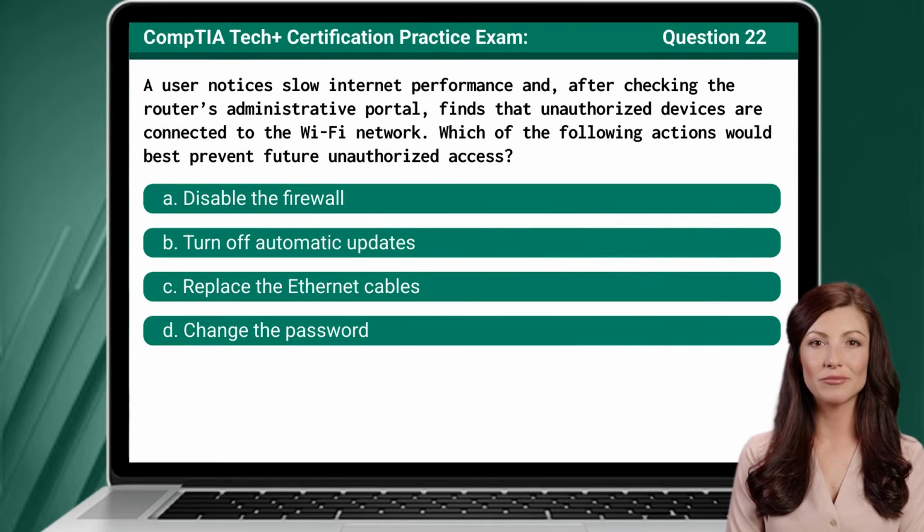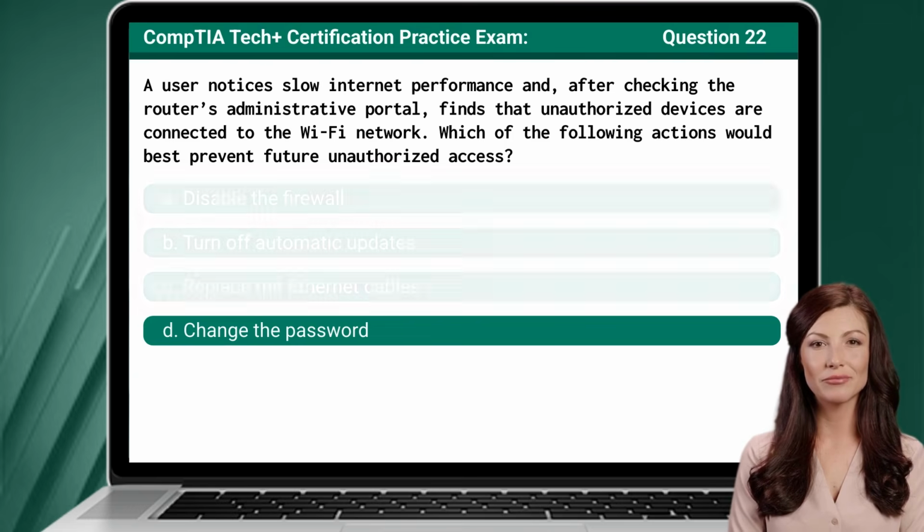Question 22. A user notices slow internet performance and, after checking the router's administrative portal, finds that unauthorized devices are connected to the Wi-Fi network. Which of the following actions would best prevent future unauthorized access? The answer is D. Change the password.